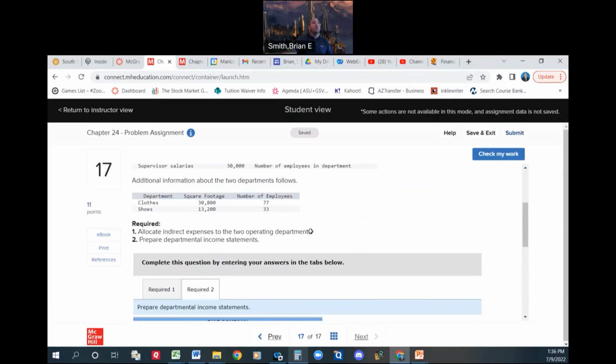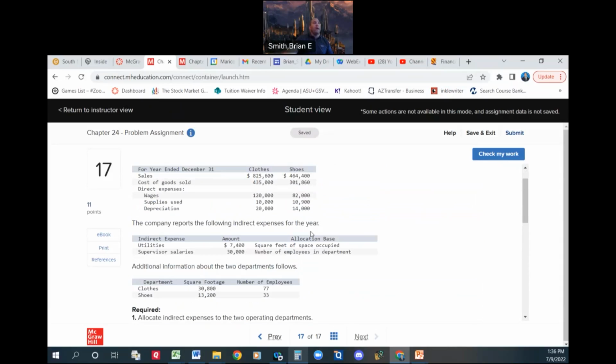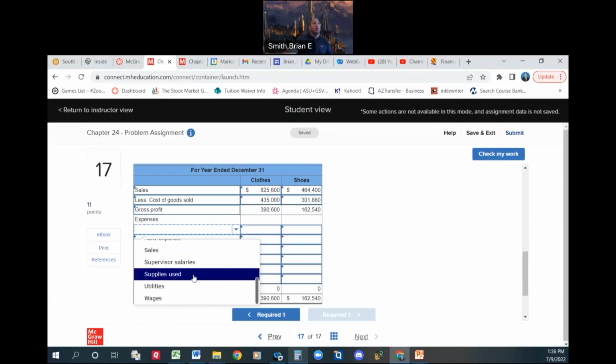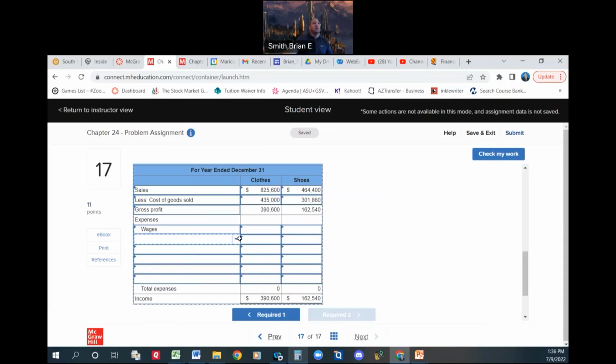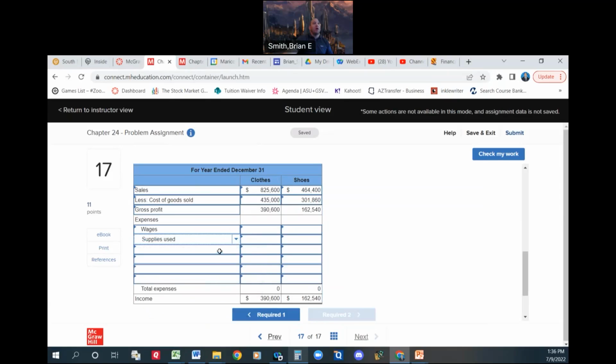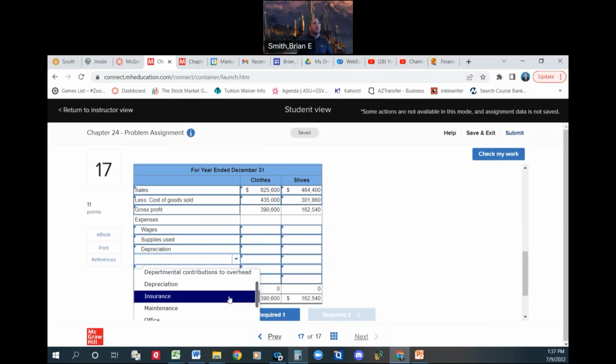So now we have expenses. Let's start off with what we know. Wages, supplies, and depreciation. And then we have our allocations. What was it?